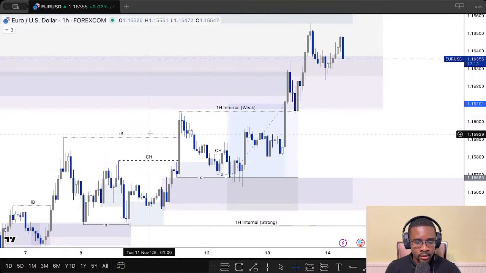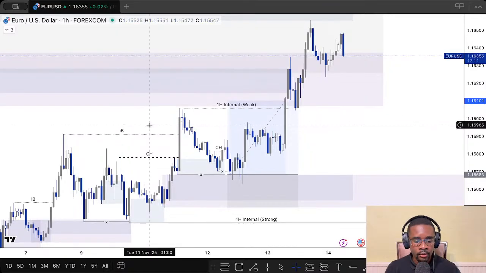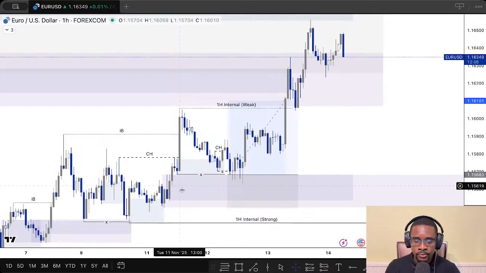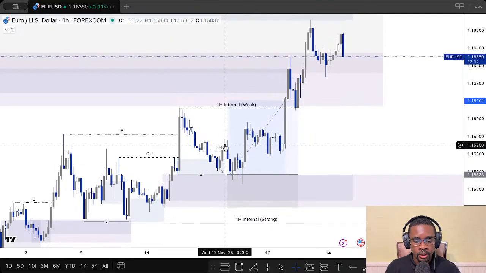Obviously we had a lot of things working in our favor. We had lag inducement, and then on the pullback we had a strong low creating a chalk bullish, and that was liquidated as well. So that gave us two inducements really.